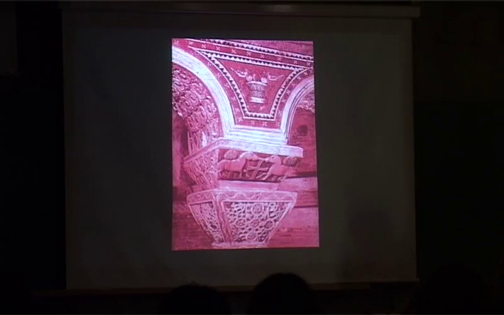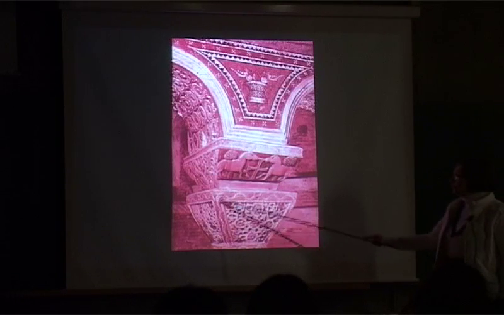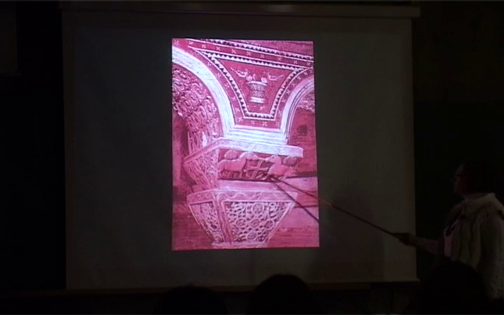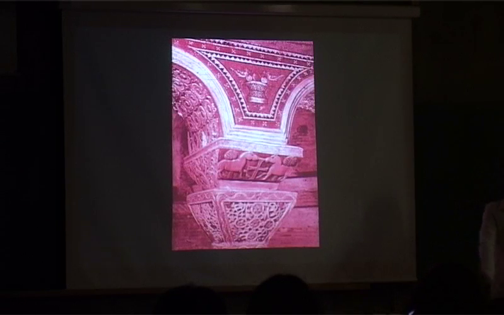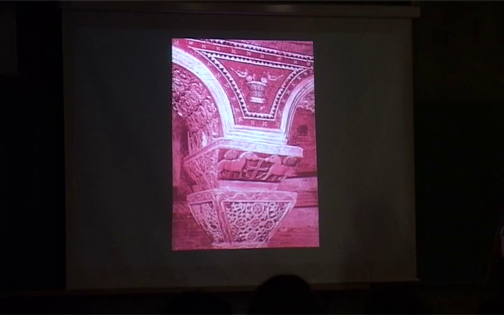Another contribution is the basket capitals. These basket-like capitals are typical of the Byzantine age in the 6th century AD. They are no longer like the Doric, Ionic, or Corinthian capitals.